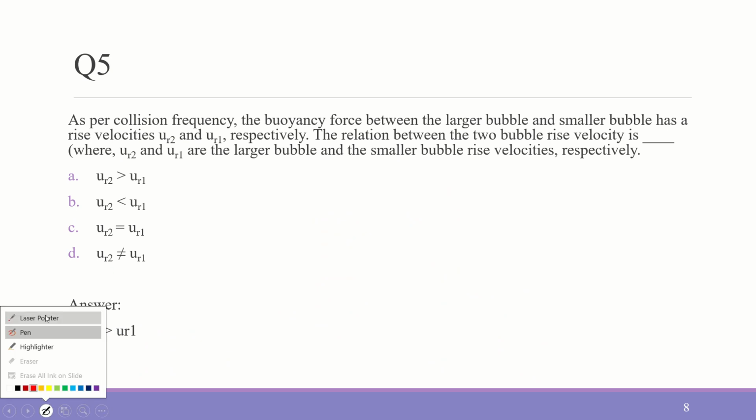Why? Because ur, that is rise velocity, is directly proportional to the diameter, and ur2 here is related to larger diameter, and ur1 is related to smaller diameter. Therefore, ur2 is greater than ur1.